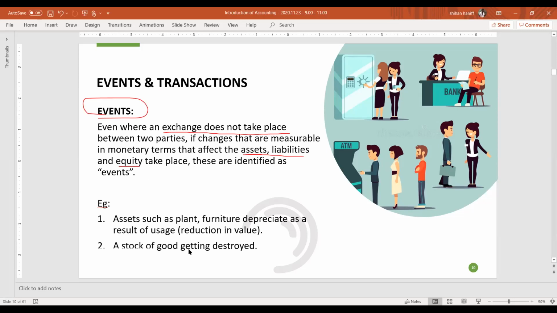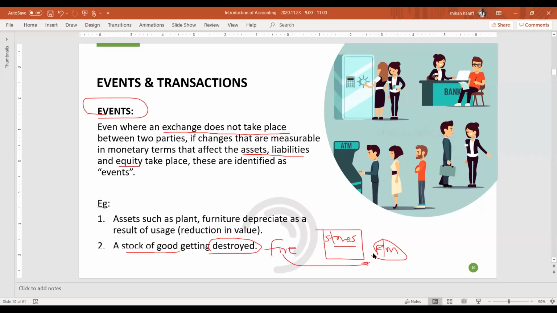For example, stock of goods getting destroyed by a fire. We have our stores, and in the stores we have raw material. Due to a fire, all the raw material got destroyed.